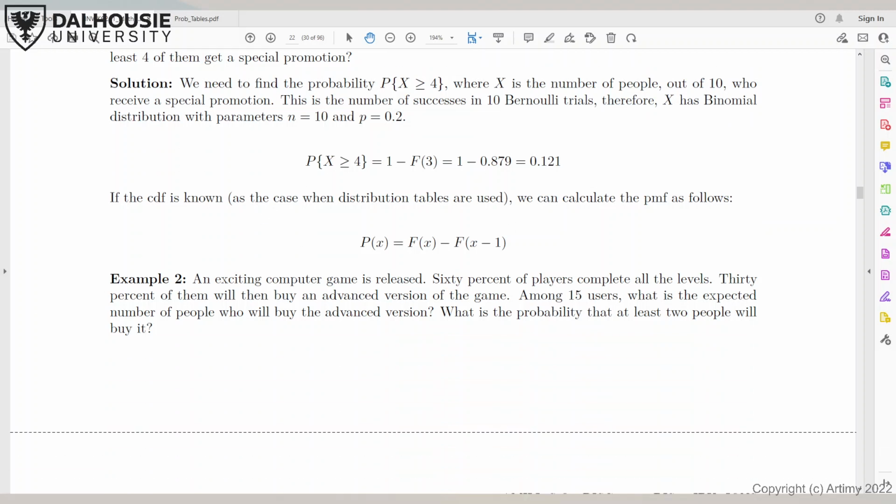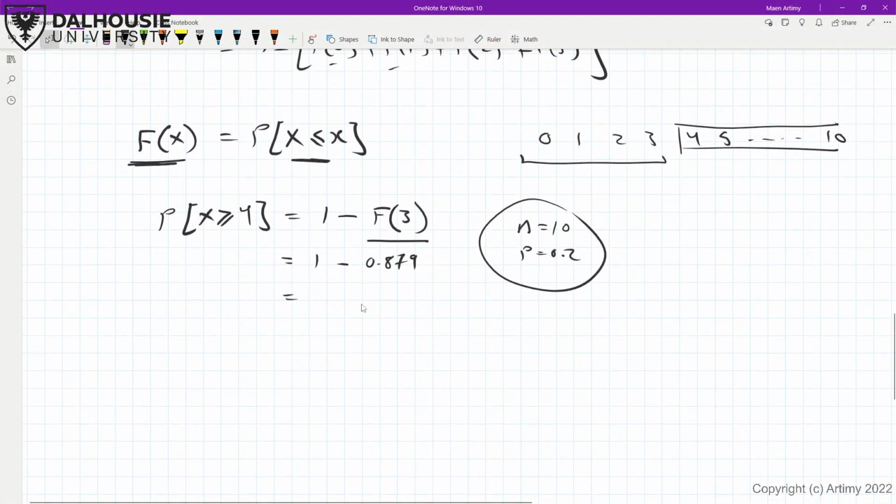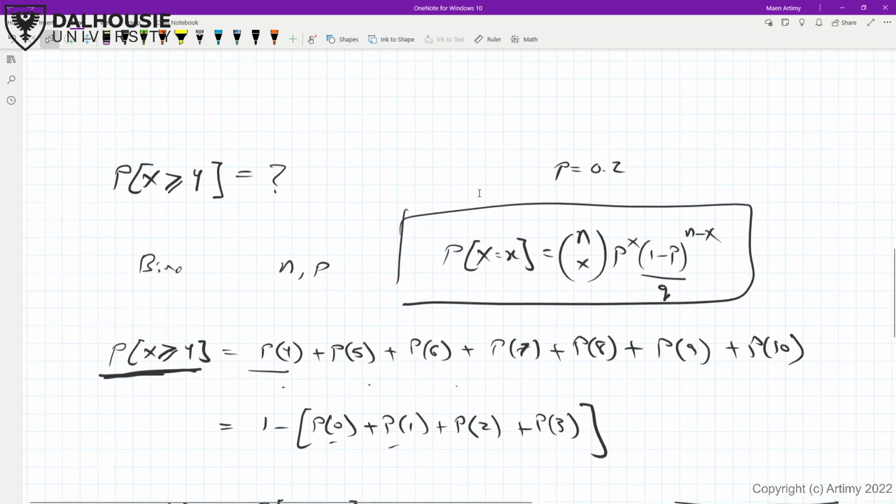This is just a repeat of the last lecture, but if I'm looking for the probability of x equal 2, right? This should be simple enough to calculate using the formula here.